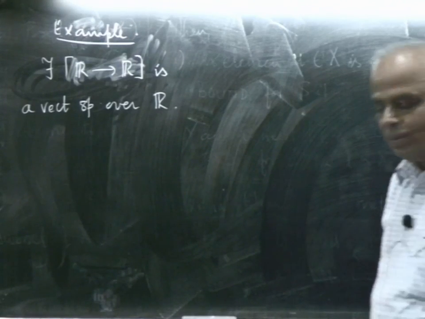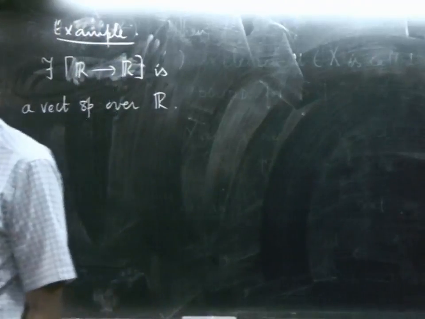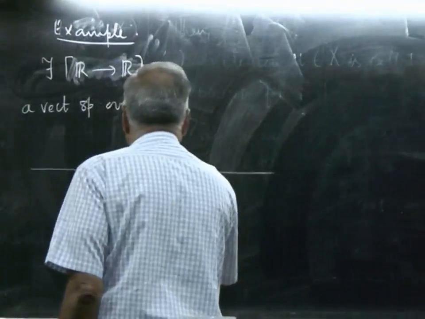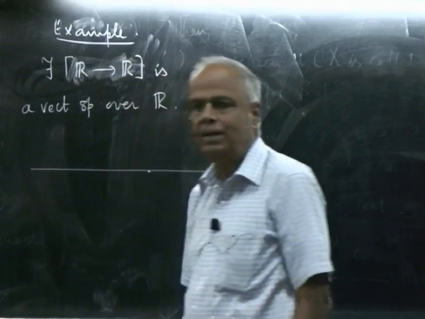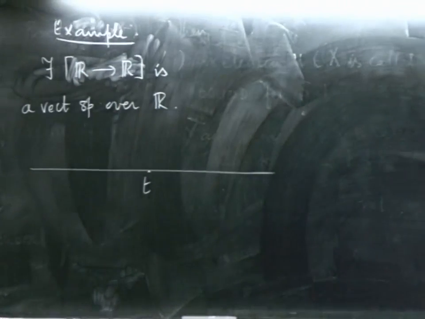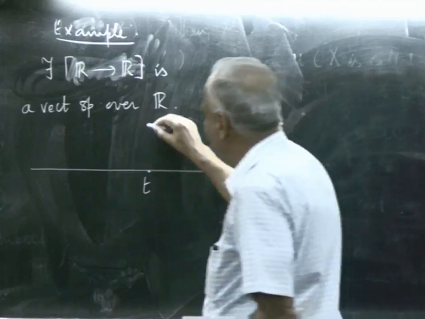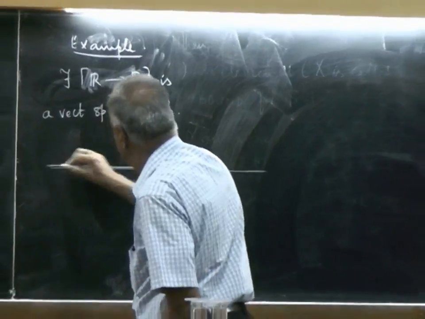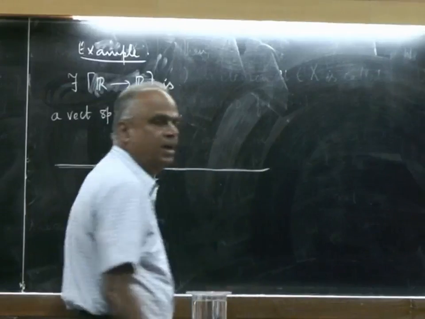Now I am going to look at a huge collection of functions. Here is the real line. Take any real number t and then make the function 1 there and 0 elsewhere.